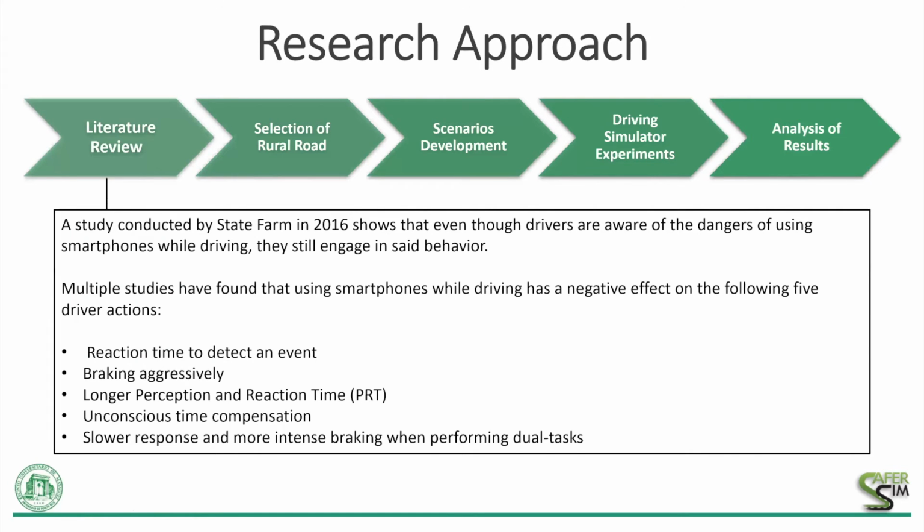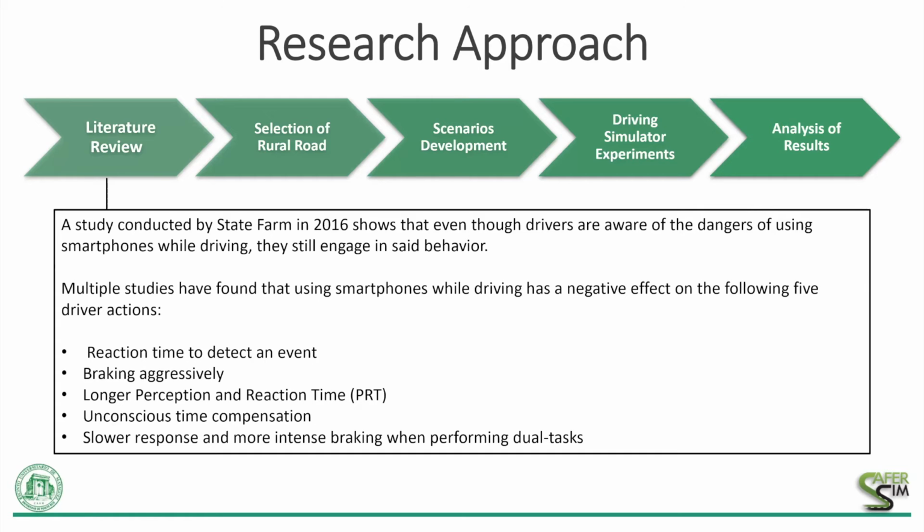We did a literature review and found a study by State Farm indicating that even though drivers are aware of the dangers of using GPS, a large number of drivers still engage in the behavior. We also found that using smartphones while driving has a negative effect on several actions, including reaction time to an event.